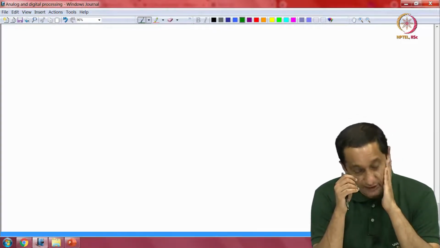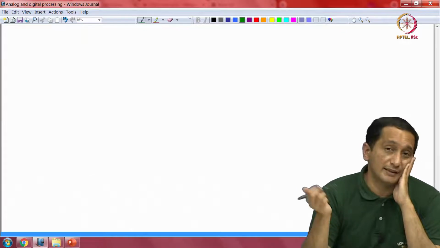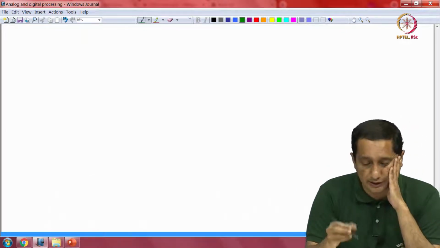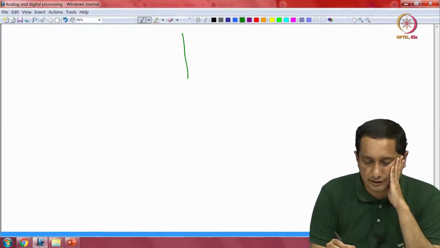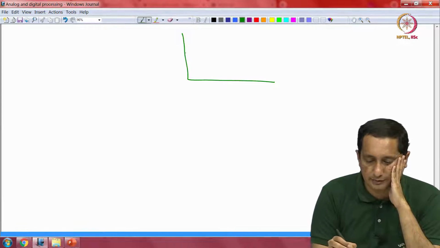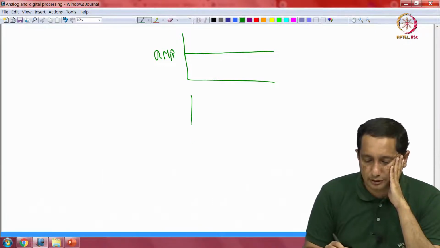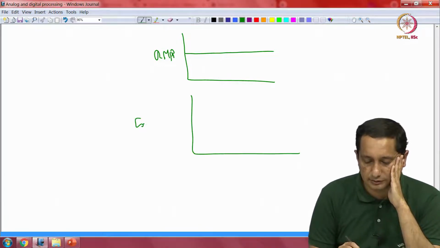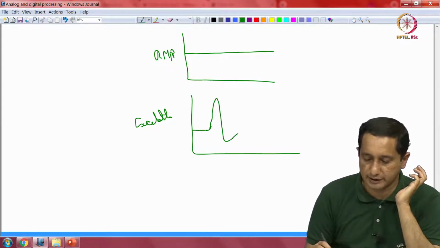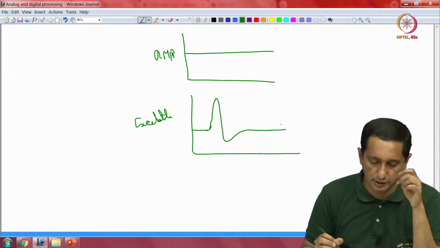Now, it is in this place I would like to highlight the progress which we have made in our learning. So, we started with the Gibbs-Donnan equilibrium, in which we said that there is a resting membrane potential, and we progressed on to excitable cells, in which it is not just that the potential exists, but it can change and then it can revert back to normal.